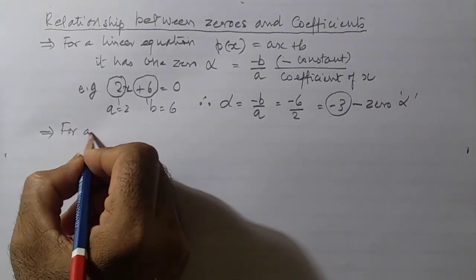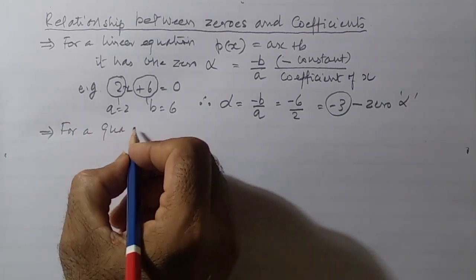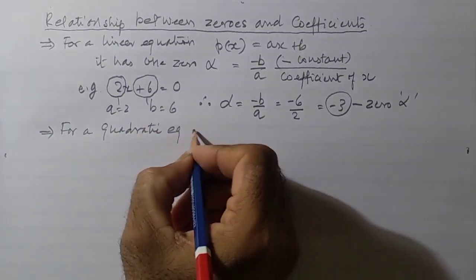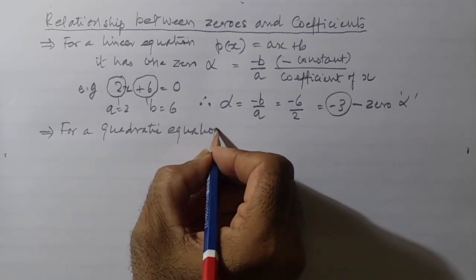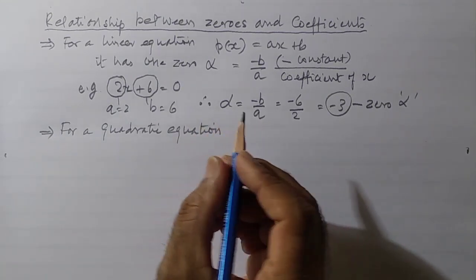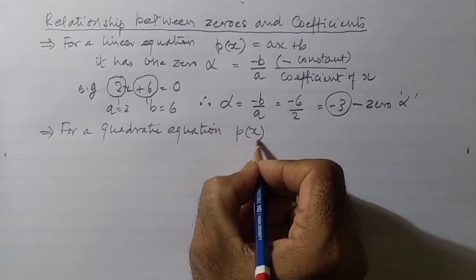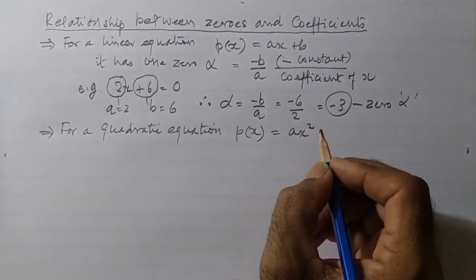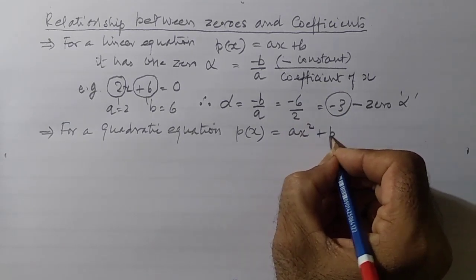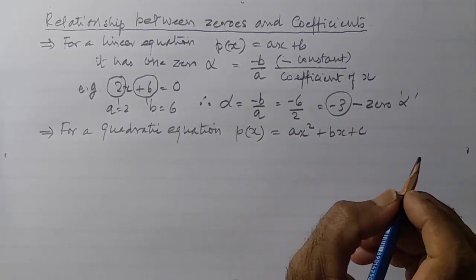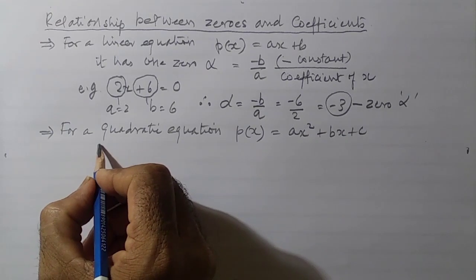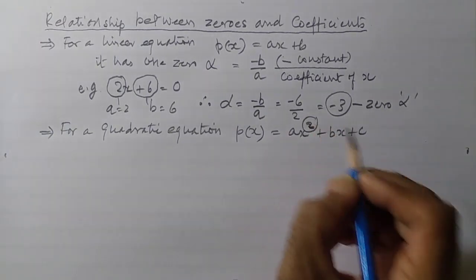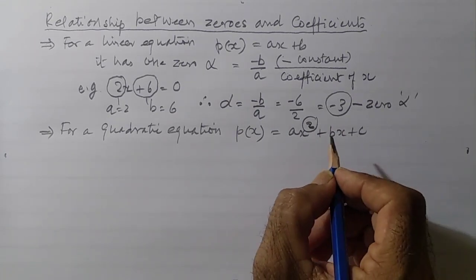For a quadratic equation, p of x is equal to ax squared plus bx plus c, we have two zeros, as we discussed, alpha and beta.